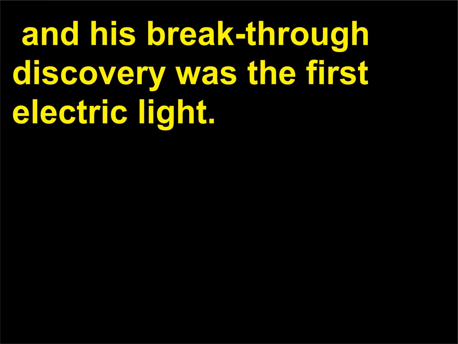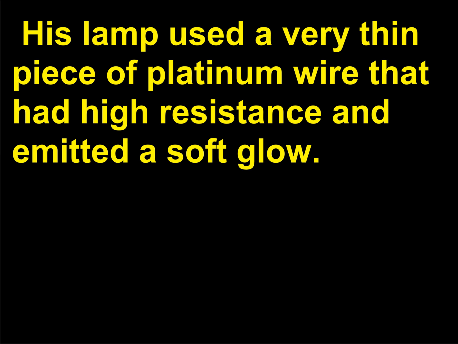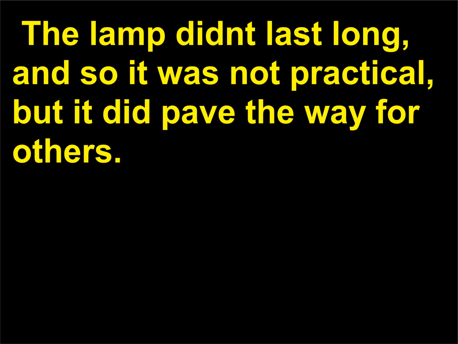And his breakthrough discovery was the first electric light. His lamp used a very thin piece of platinum wire that had high resistance and emitted a soft glow. The lamp didn't last long, and so it was not practical, but it did pave the way for others.